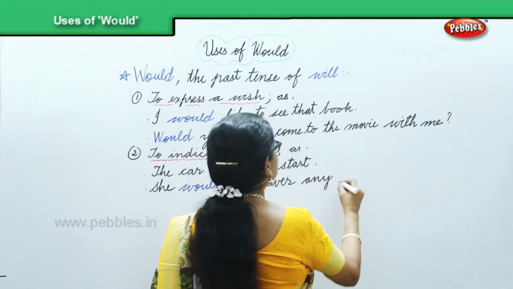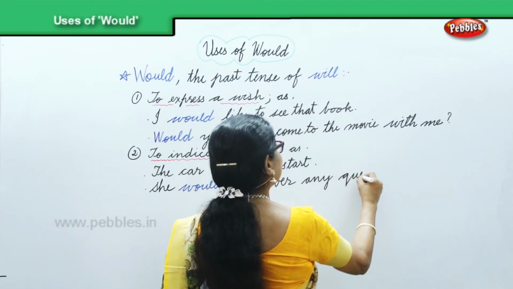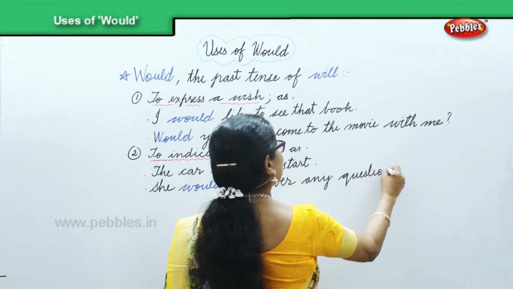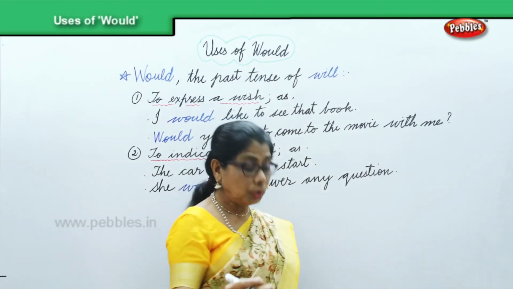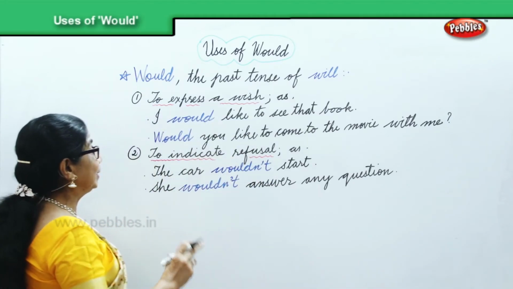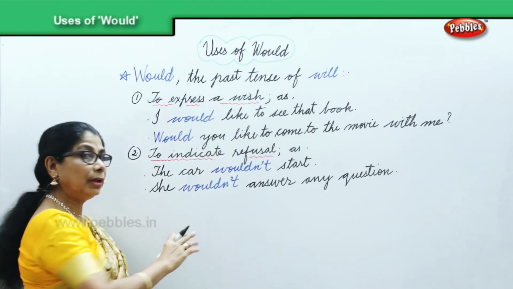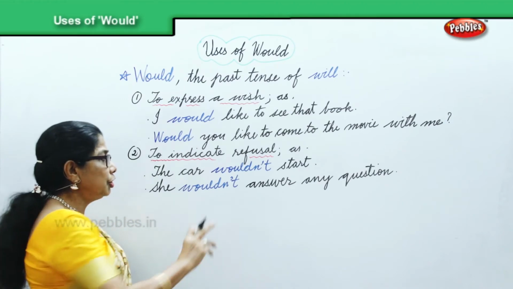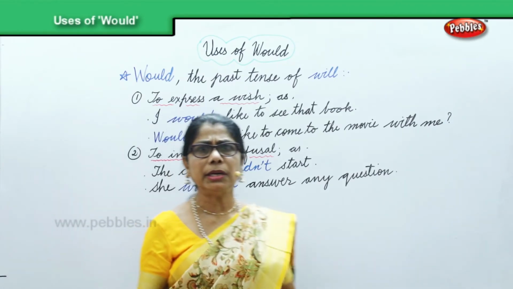She wouldn't answer any question. That is, she wouldn't answer all the questions you put. So the first is to express a wish, second to indicate refusal. The car wouldn't start. She wouldn't answer any question.